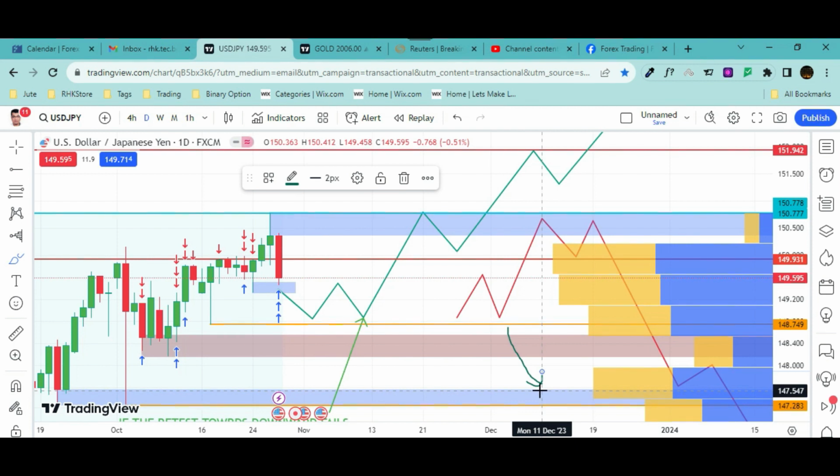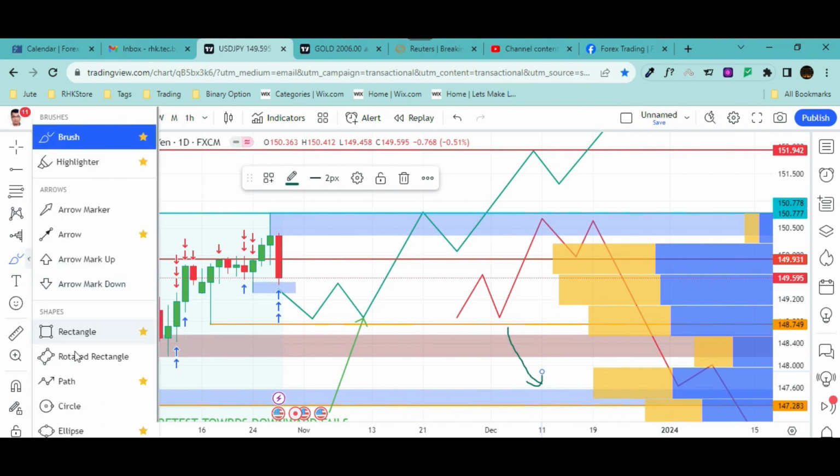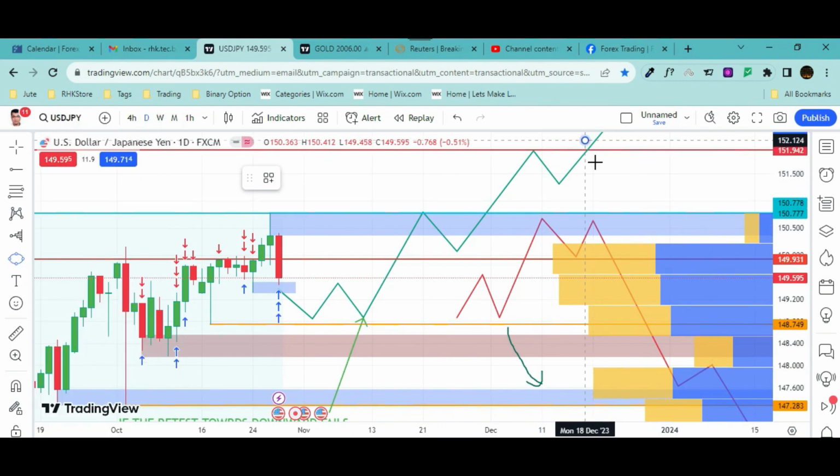If BOJ increases their rate, and if the US increases the rate, and here this is the scenario, if BOJ remains the same, it will retest and it will go there, and once this barrier is broken, it may go high, considering we have another deadlock here at the previous price where the sellers are very active, so that needs to be broken at the same time, this price.